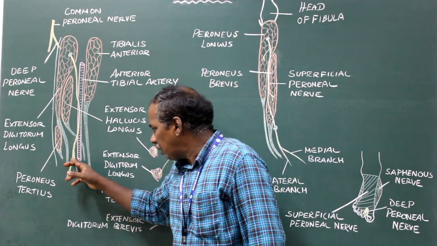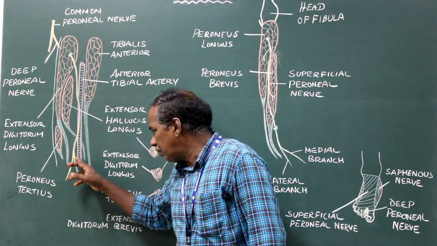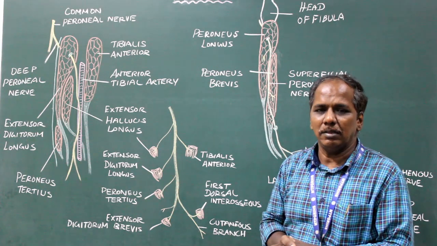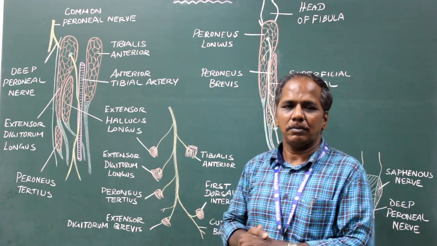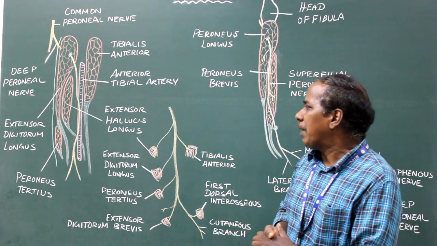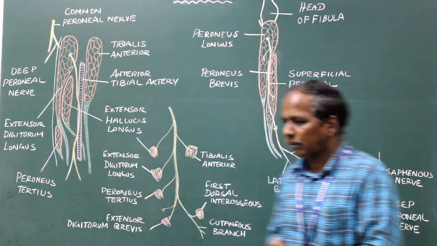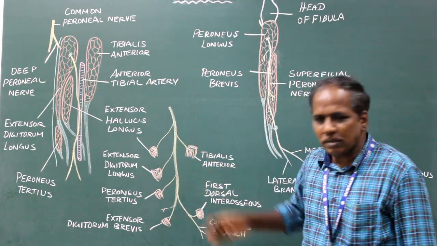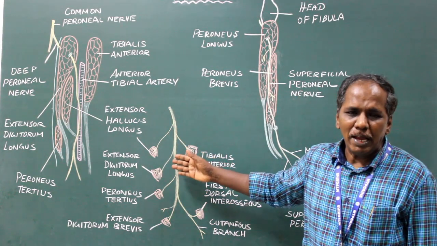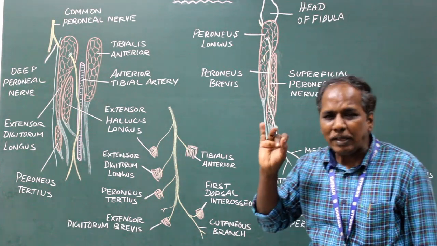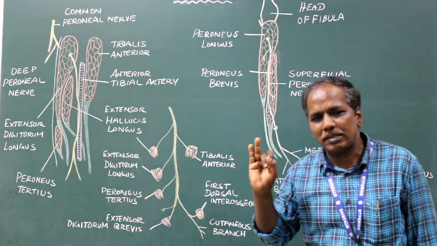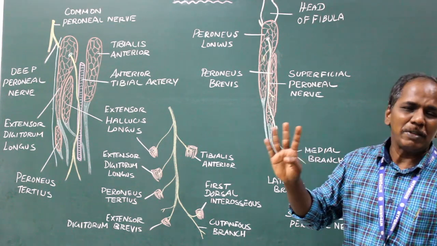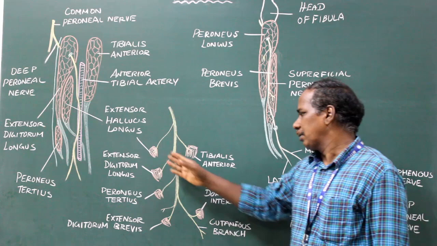Near the ankle joint, the nerve ends by dividing into two branches, medial and lateral branches. Branches and distribution. It gives muscular branches to tibialis anterior, extensor digitorum longus, extensor hallucis longus and peroneus tertius.